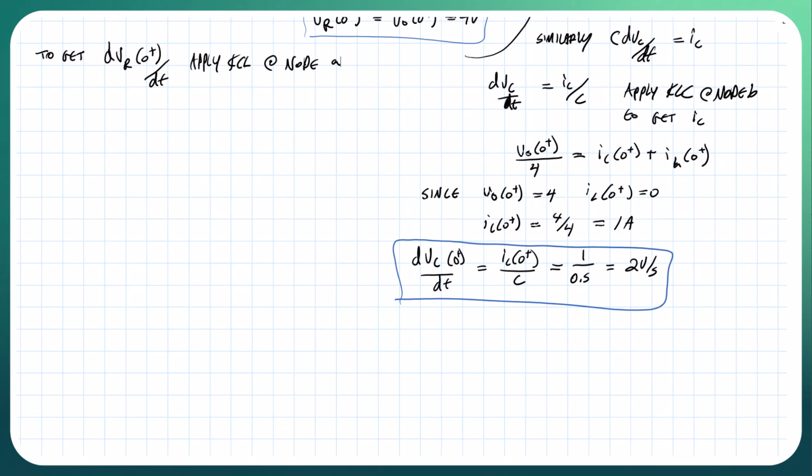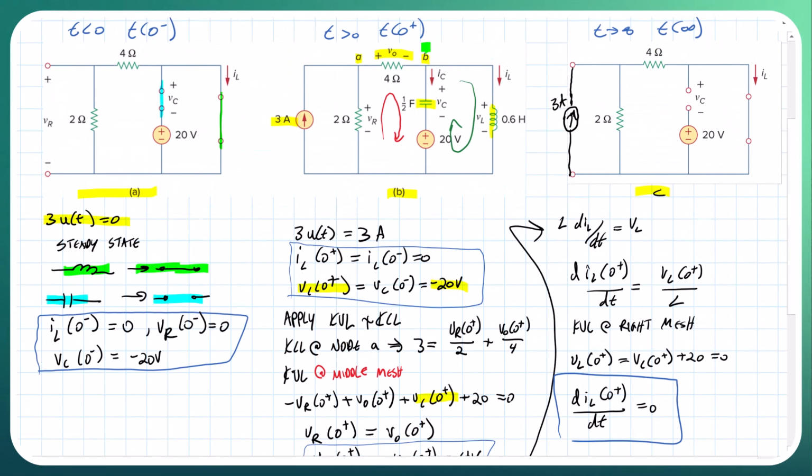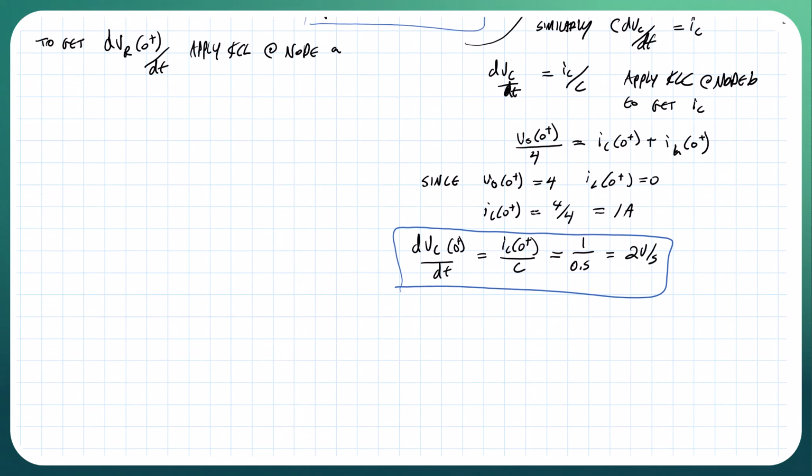So again, when we look at node A, we got 3 is equal to VR over 2, plus V0 over 4. So let's write that. 3 equals VR over 2 plus V0 over 4.